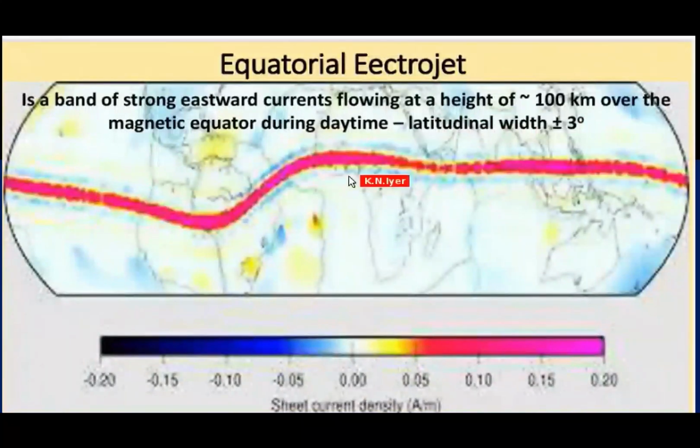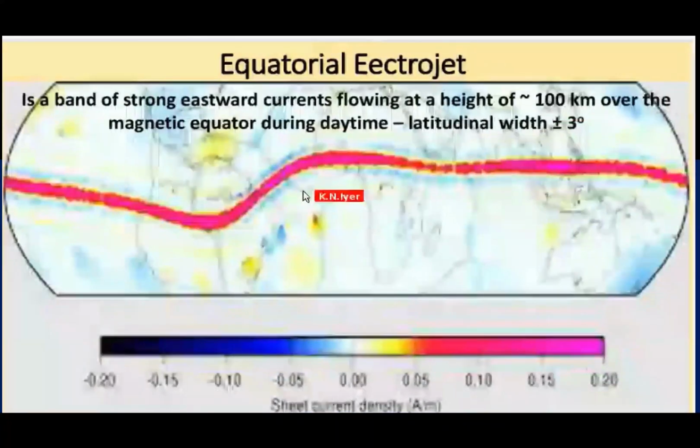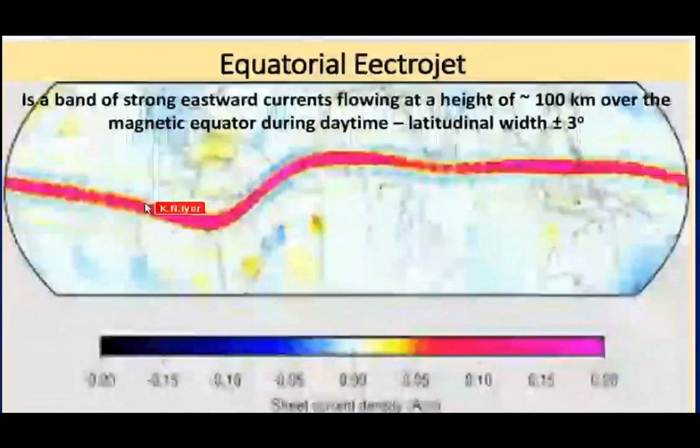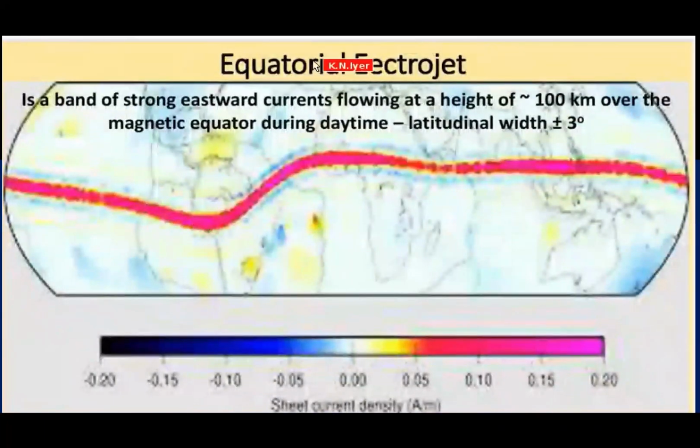It goes like this, and this red or pink color here indicates maximum current, as indicated by the color code. Maximum current here over a latitude range of plus or minus 3 degrees, flowing at a height of about 100 kilometers. This enhanced current flowing over the equator is known as the equatorial electrojet.